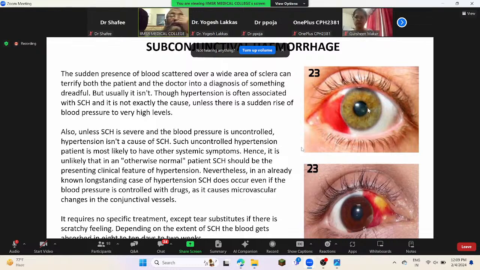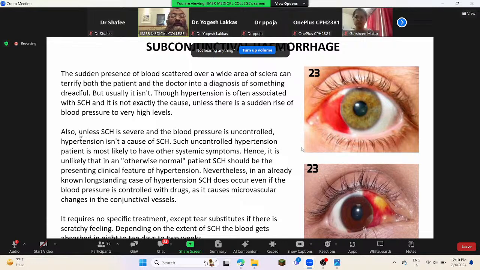It was actually very controversial whether subconjunctival hemorrhage is really caused by hypertension or not. But it is now established that the sudden presence of blood scattered over a red area of the sclera, known as subconjunctival hemorrhage, has hypertension as one of its causes.